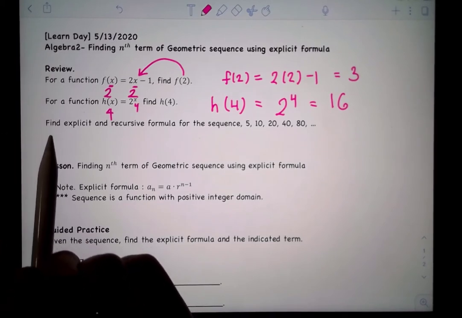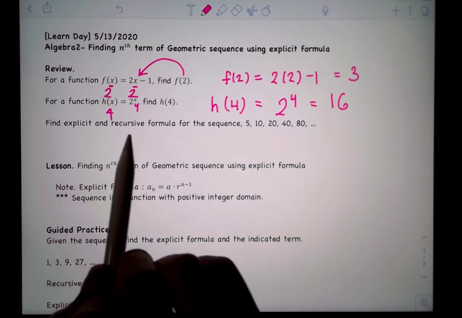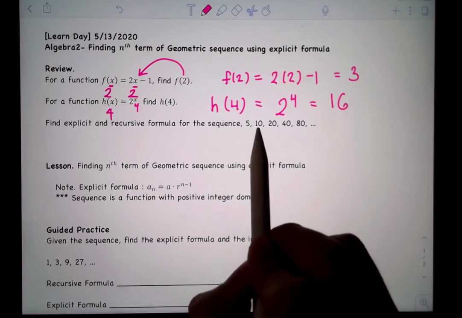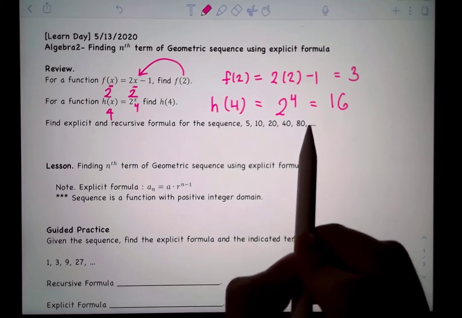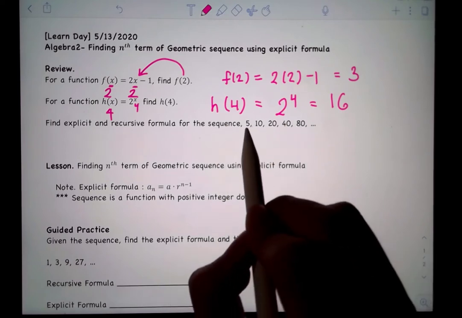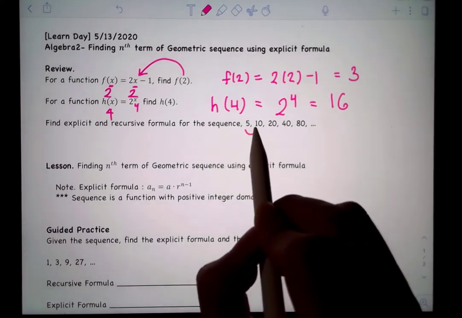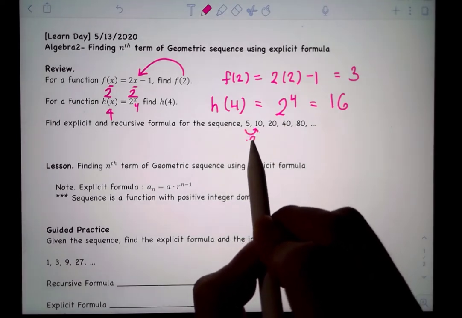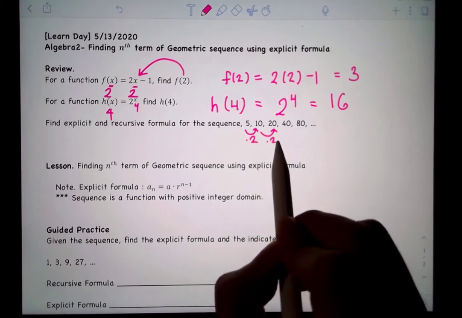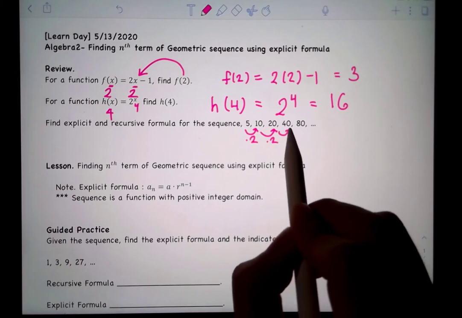And look at this. Find explicit and recursive formula for the sequence. So 5, 10, 20, 40, 80, right? We need to get the pattern. So from 5 to 10, what do we do? Times by 2, right? 10 to 20, you times by 2. 20 to 40, you do 2.